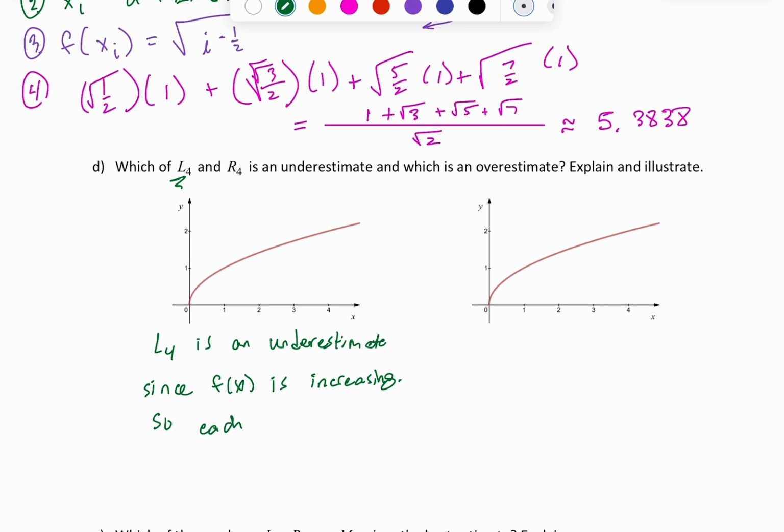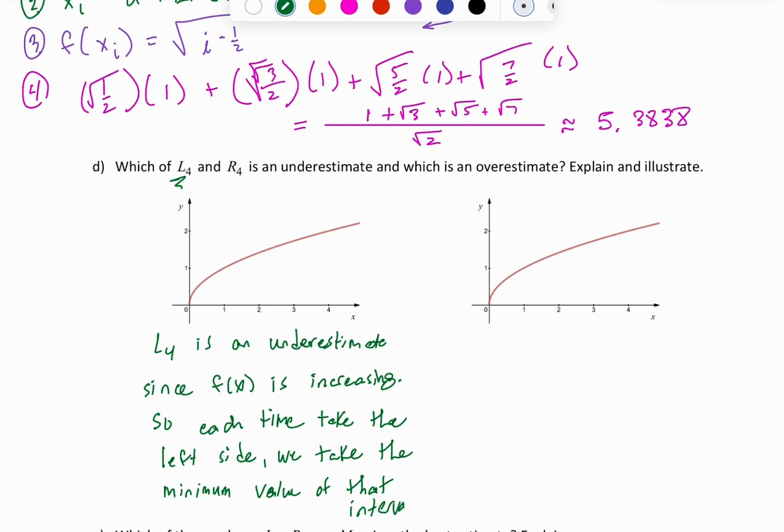So each time we took a left side rectangle, we take the minimum on that interval. And that, again, is because f of x is increasing, and that's why it worked out that way.